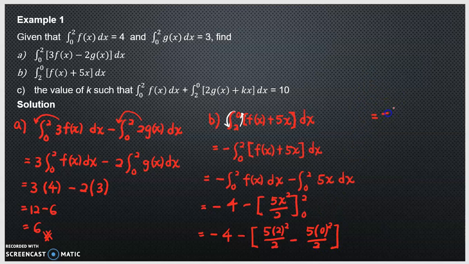So here is negative 4 minus, from here 2 squared is 4, 20, so here is 10. You can use your calculator. Minus 0. So here will become negative 4 minus 10. So here is negative 14.